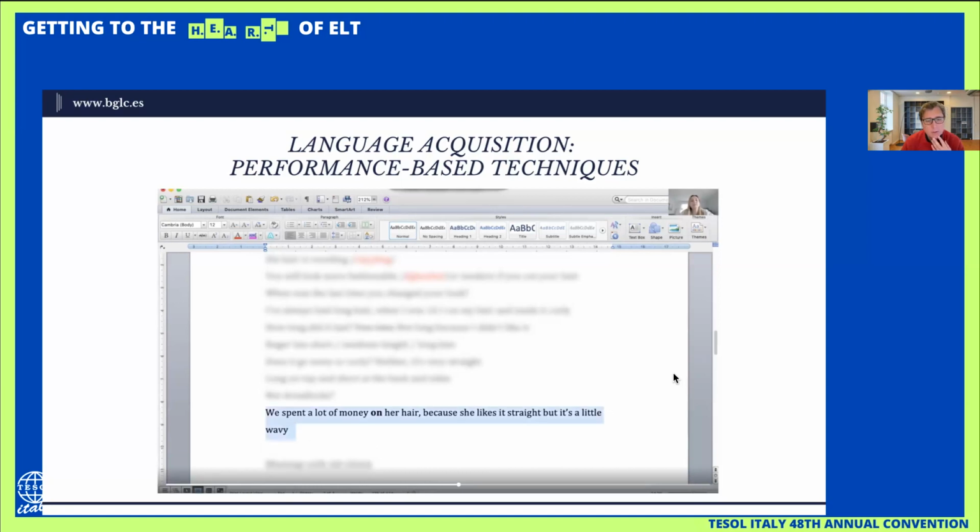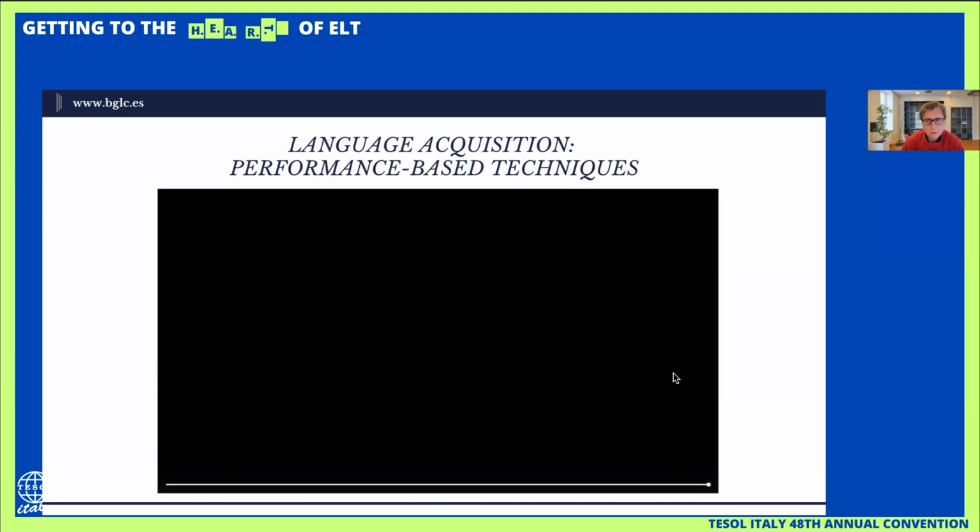Little wavy. Is that what you mean? Yes. I should think. So when we spend money on something, not for. Okay. So we spend a lot of money on her hair because she likes it straight, but it's a little wavy. Very good. Again? We spend a lot of money on her hair because she likes it straight, but it's a little wavy. Fantastic. Okay.